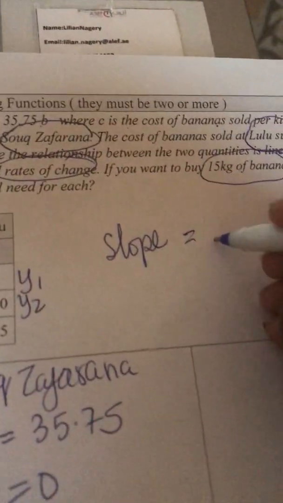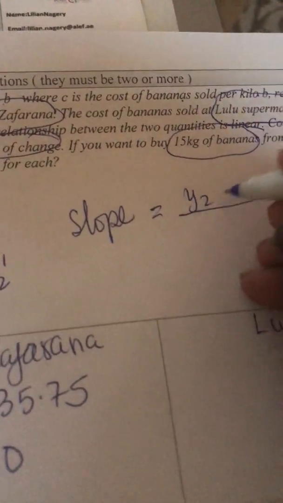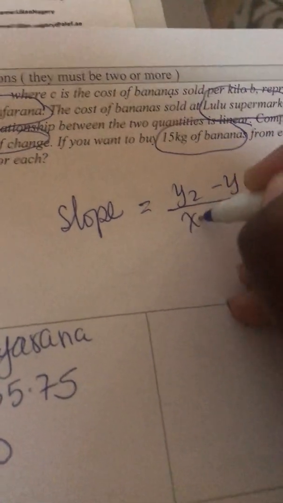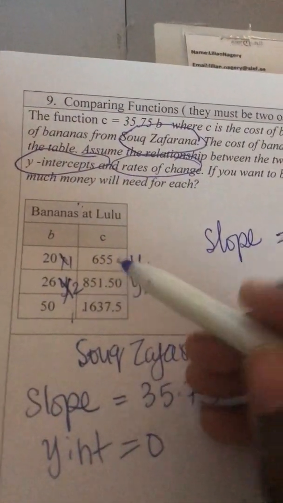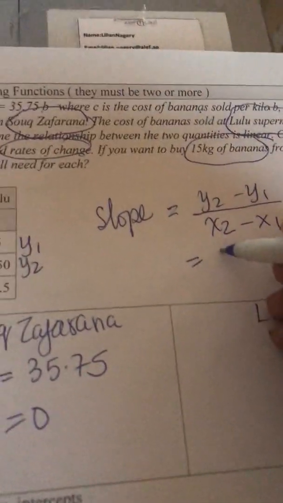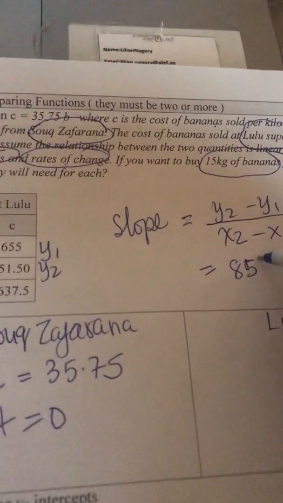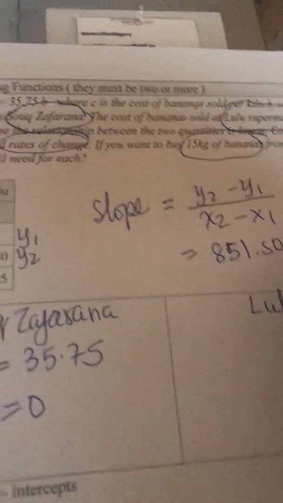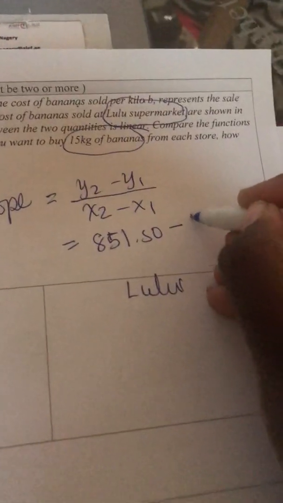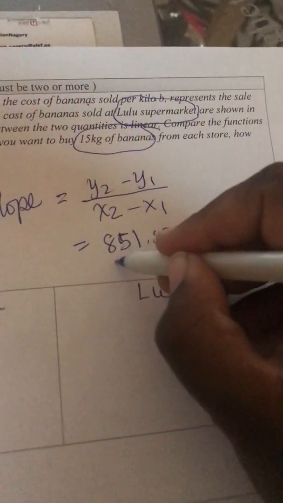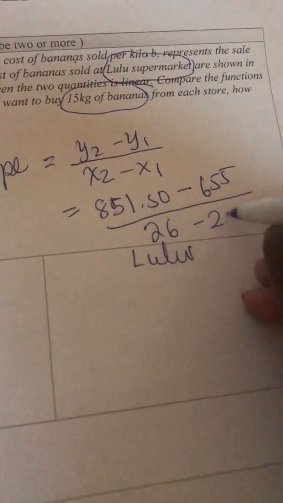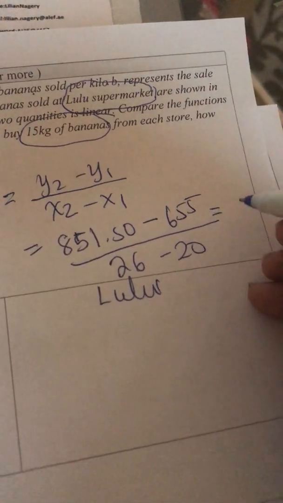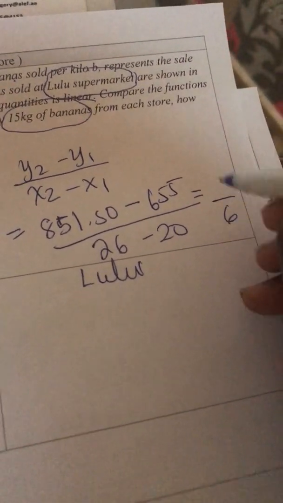So I will do y2 minus y1, x2 minus x1. Okay, so 851.50 minus 655 over 26 minus 20. That should give me something over 6.